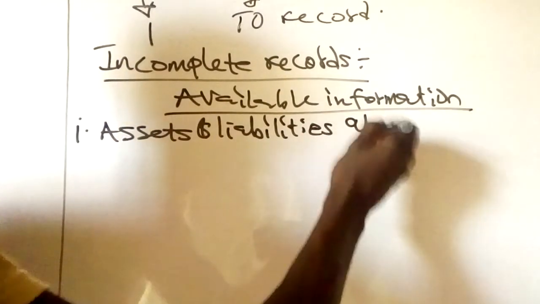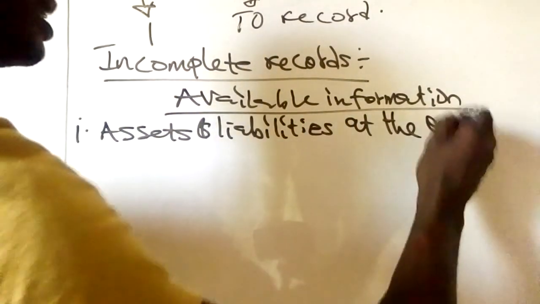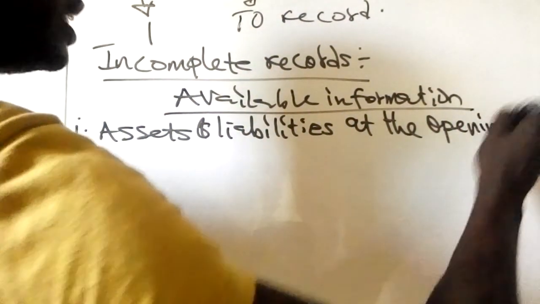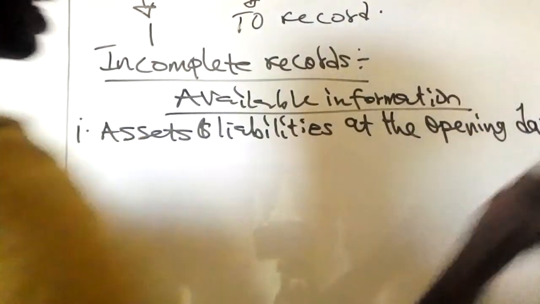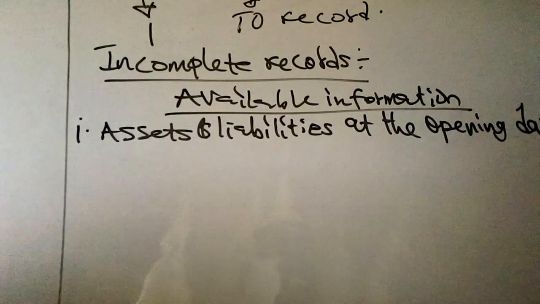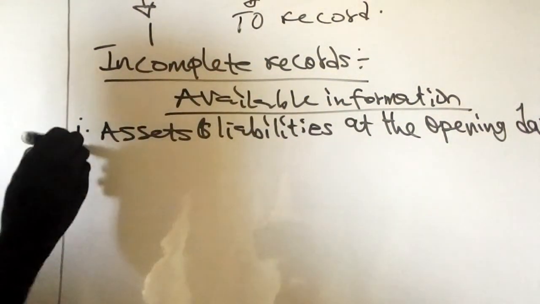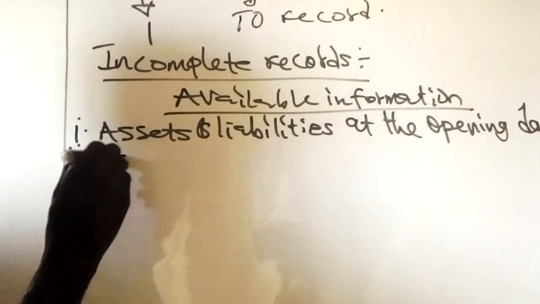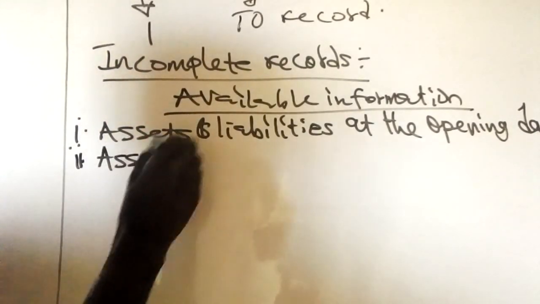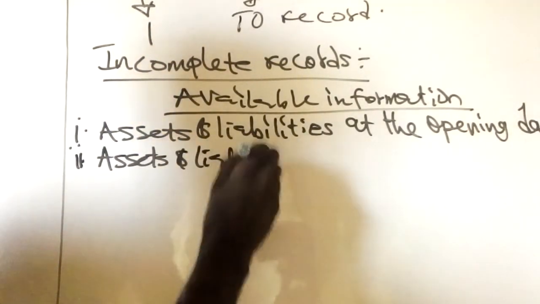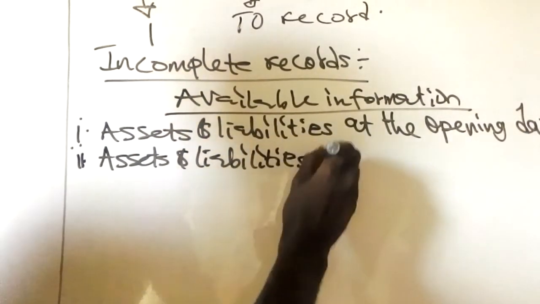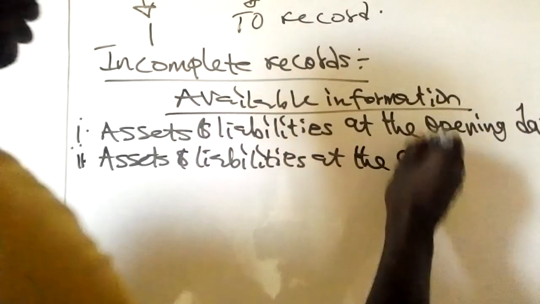Number 2, you may be given the assets and liabilities at the closing date.